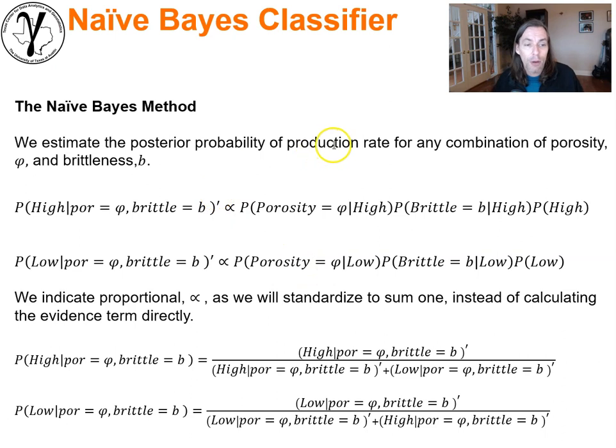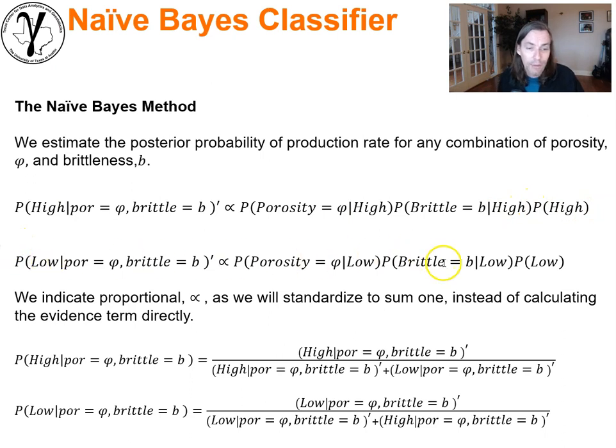We're going to estimate the prior probability of production rates of high or low in our problem. And then we can estimate the posterior probability of production for any combination of porosity and brittleness. To get the probability of high production given a specific porosity and brittleness combination, it's going to be proportional to the probability of that specific porosity value given high production, times that specific brittleness value given high production, multiplied by the probability of high.